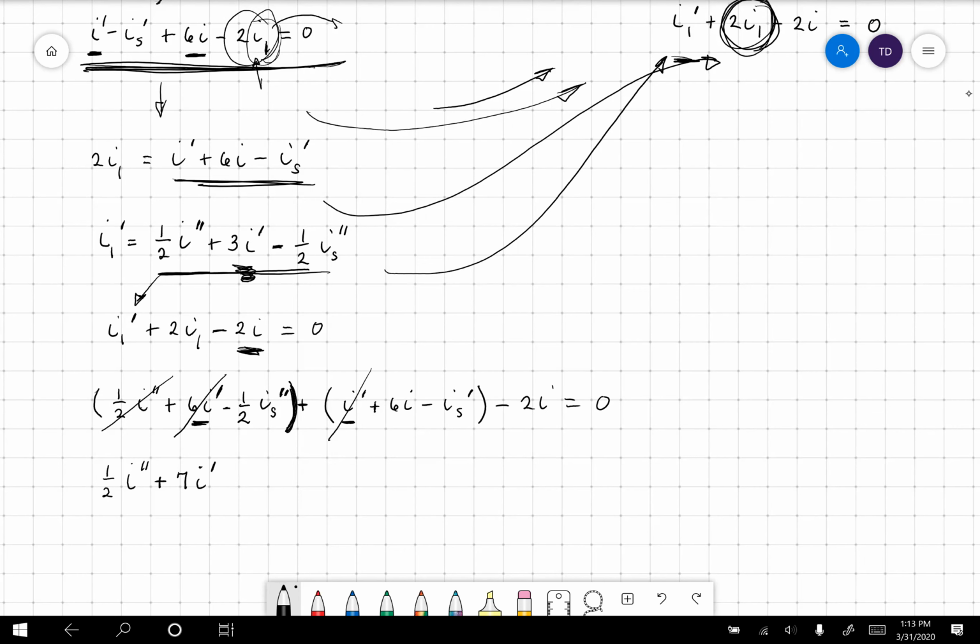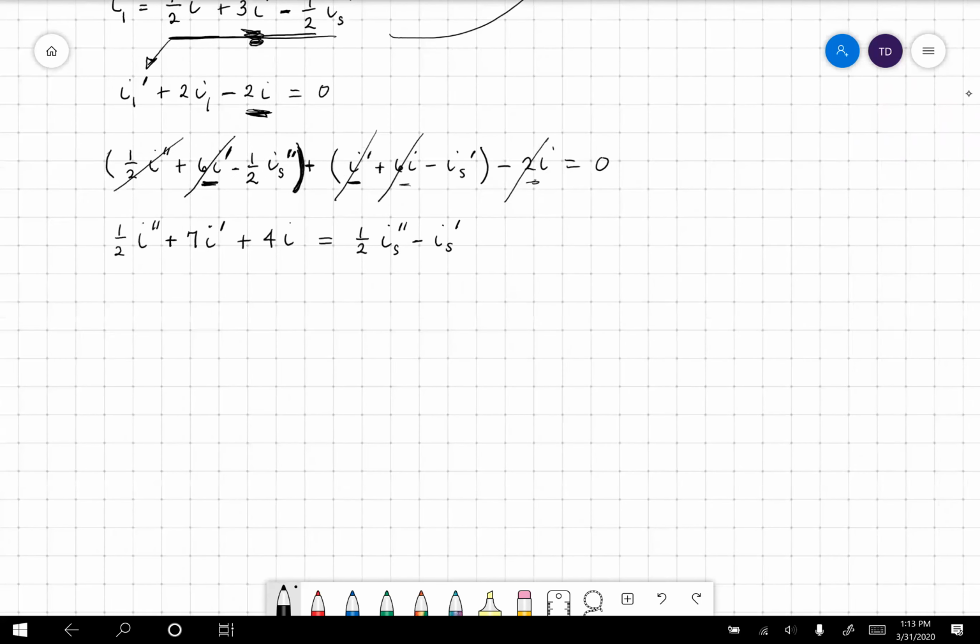Now my I terms, I have this one and this one. 6I minus 2I plus 4I. And then I'm going to take these other terms and bring them to the other side of the equation. Equals 1/2 IS double prime minus IS prime. We're almost there. We're almost scot-free.